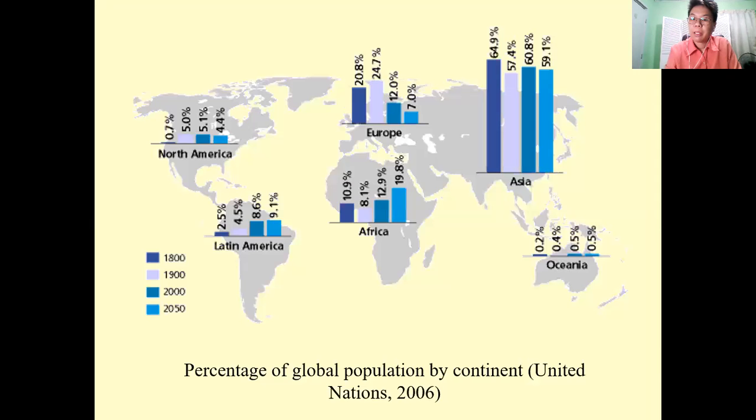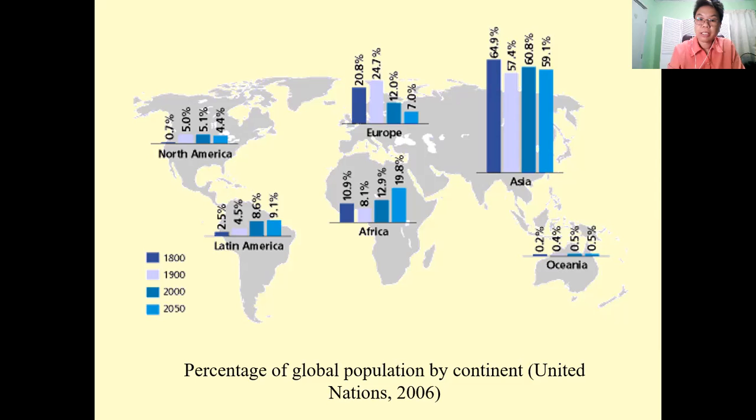So the global population by continent as seen by the United Nations in 2006 were this one. So in Europe, there was an increase from 20.8 to 70%. And of course, in Asia, there is 64.9%, which in the year 2050 is estimated to be 59.1%.